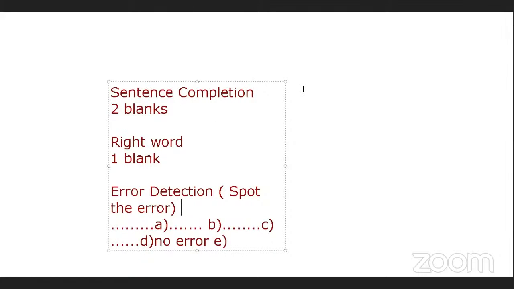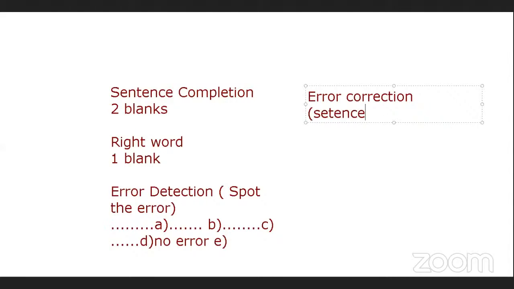Then in the same category, you have sentence correction, which TCS calls error correction. It's the same thing as sentence correction, which we have done.